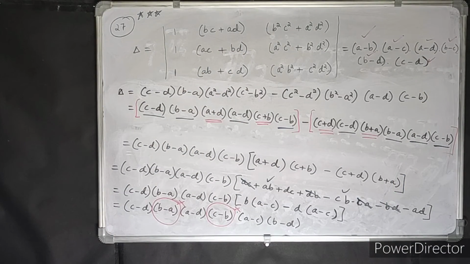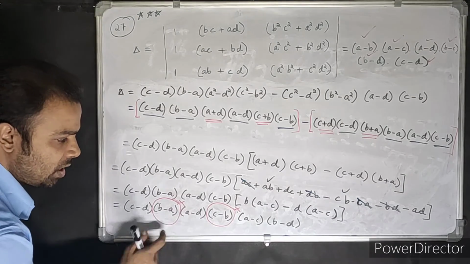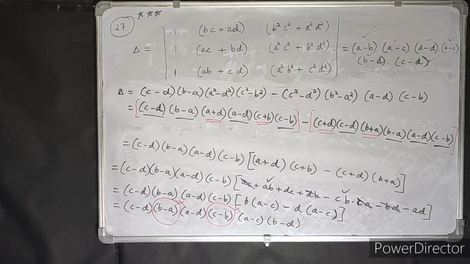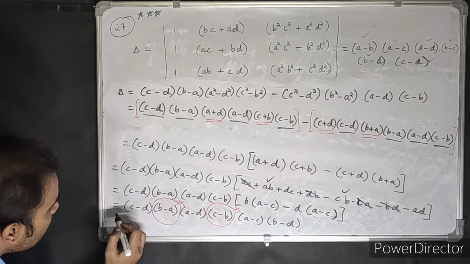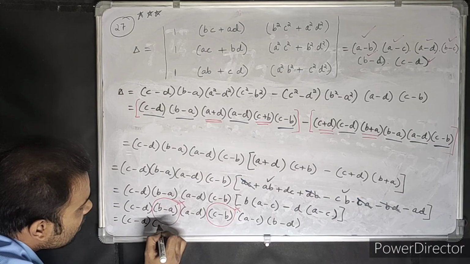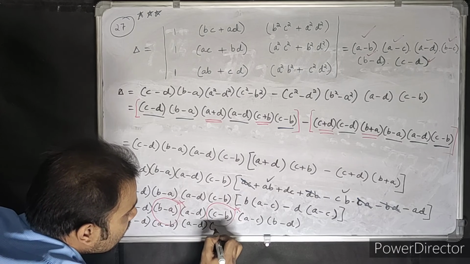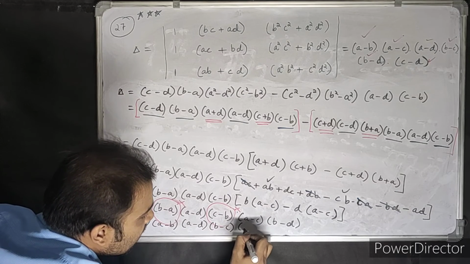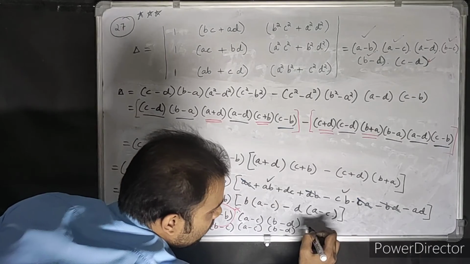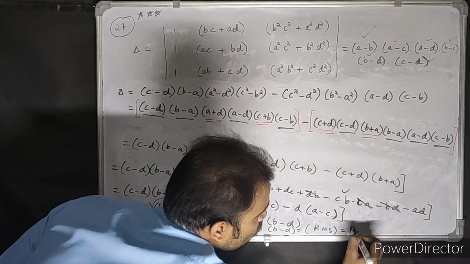So these two things, when we change, what happens? Once we change this, there's a negative sign that comes out, and once we change this, there's another negative sign that comes out. So both the negative signs got multiplied and became positive, and the final answer we got as C minus D, then A minus B, then A minus D, then B minus C, then A minus C, then B minus D, and over here, RHS is equal to proved.